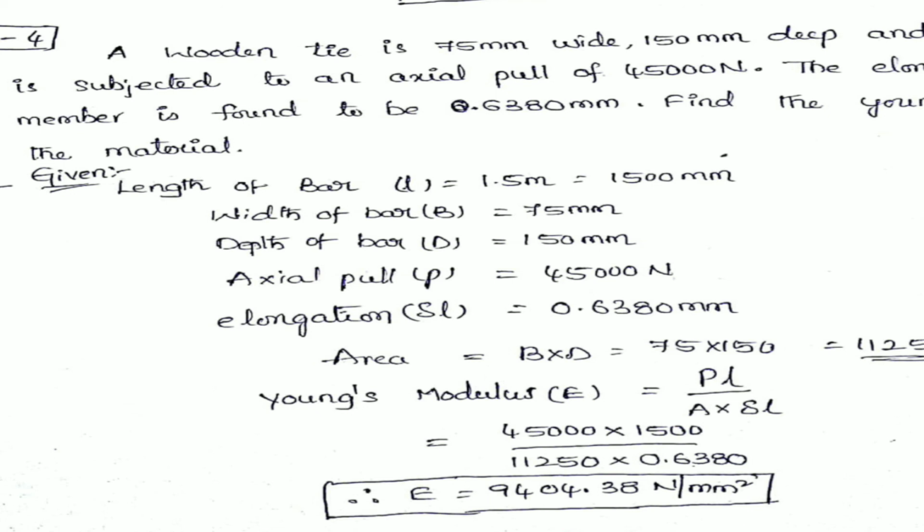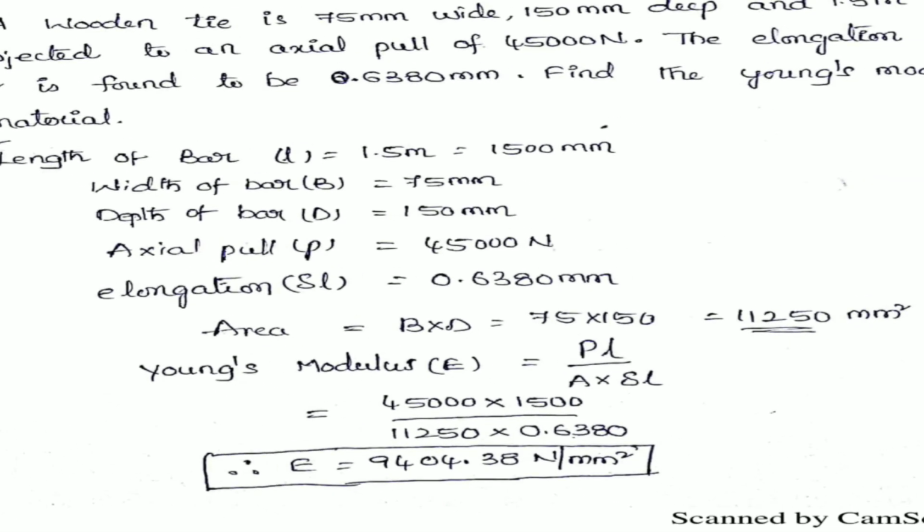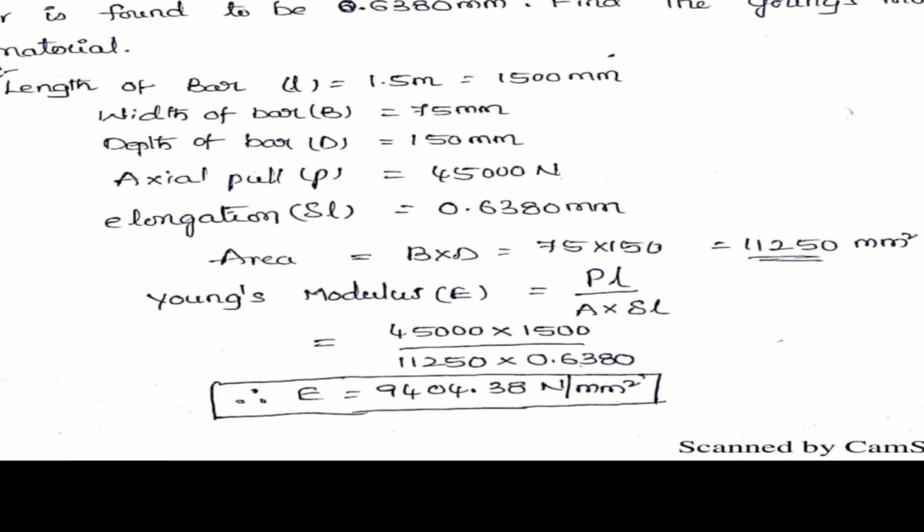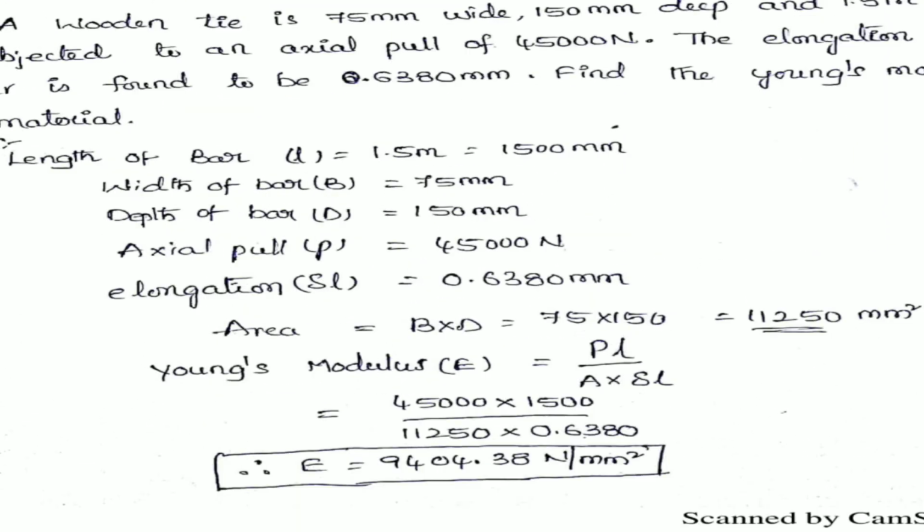Elongation delta L is 0.6380 mm. Finally, area A is width of the bar into depth of the bar, that is 75 into 150, which is 11250 mm square. Young's modulus E is equal to PL by A into delta L.